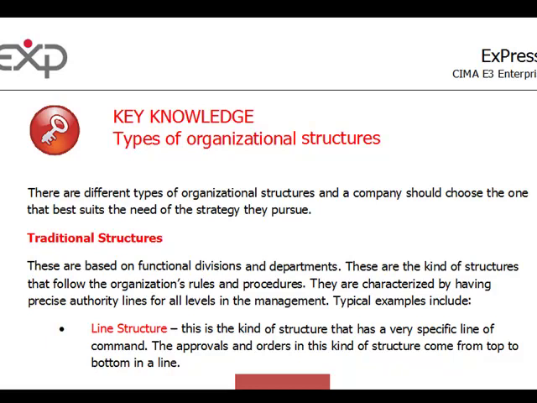The structure of the organization will either speed up the process of strategy implementation or will hamper the implementation of certain strategies. So strategies and organizational structures must be aligned.